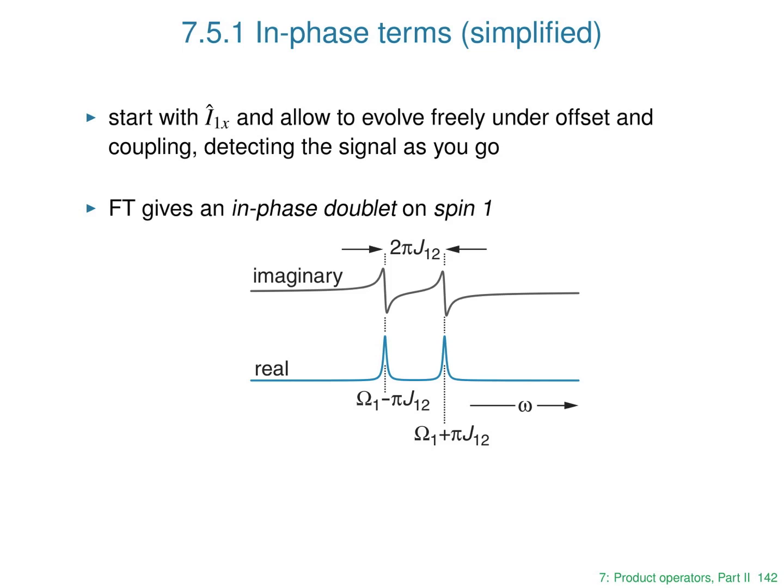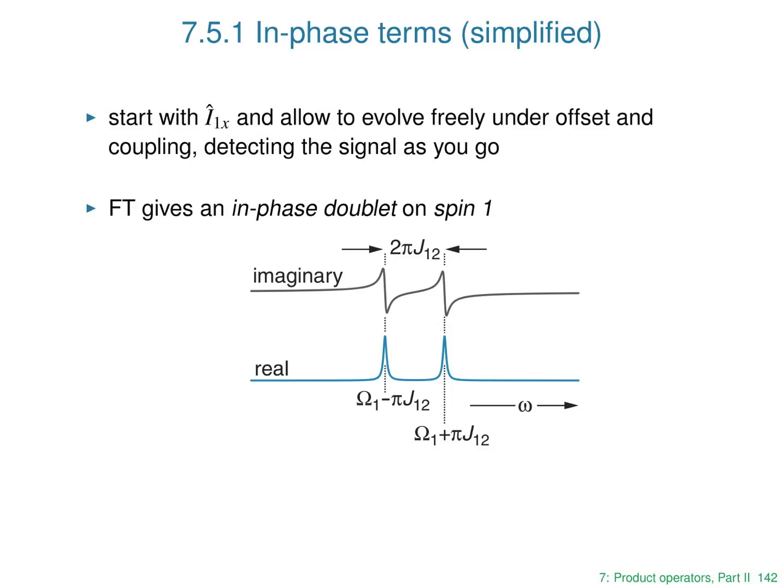That all looks a bit strange because it's written in radians per second, but if you wrote it in hertz, it would be at the frequency plus or minus J over 2. So this is why we say I1x is an in-phase magnetization, because if you allow it to evolve, it gives you the doublet where the two peaks have the same sign. And it's in phase on spin 1 because the doublet comes out on spin 1.